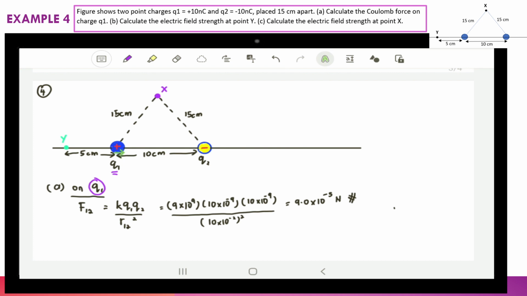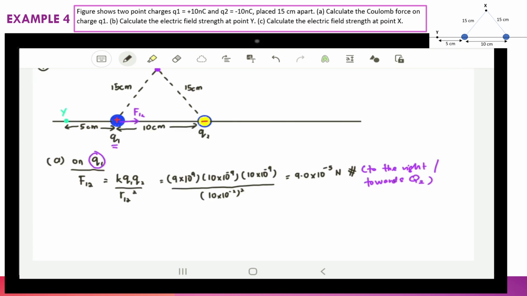So here is positive, so the positive charge will be attracted to the negative charge, and then the direction of F1 due to 2 should be to the right. Okay, so in this direction, F on 1 due to 2, the direction is to the right, or towards Q2.